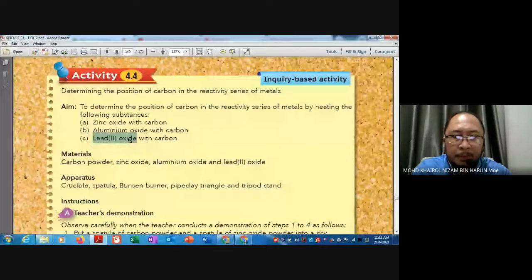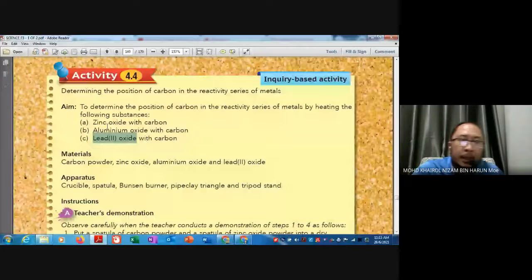You must revise the meaning of compound: a compound is any substance that consists of two or more elements combined chemically together.